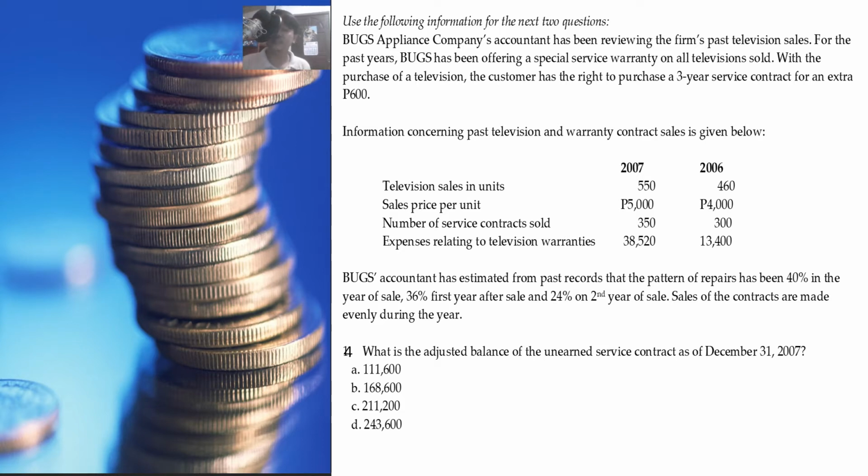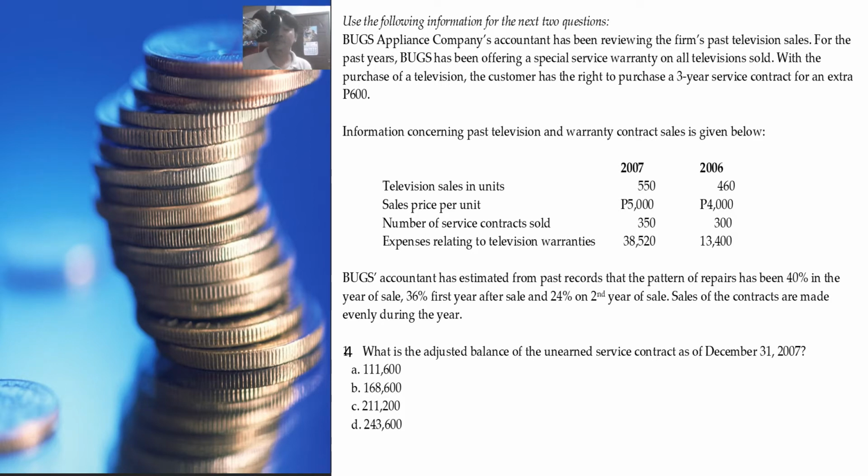Information concerning past television and warranty contract sales is given below. Television unit sales, so the TVs they sold: 550 and 460 in 2007 and 2006 respectively. The price per unit is 5,000 in 2007 and 4,000 in 2006.